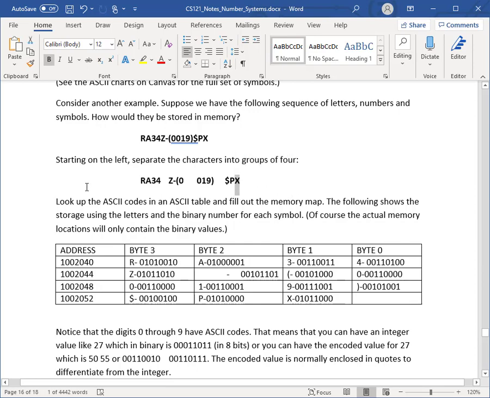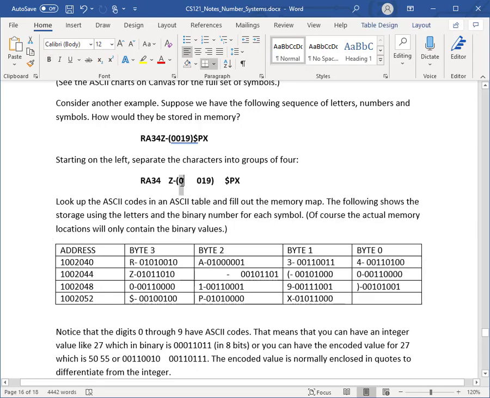The number 0 to 256 requires 8 bits to store. If we have a long string like this, we have to break it up into groups of 4 to see how they're stored in memory. So the RA34 would be stored in one word.